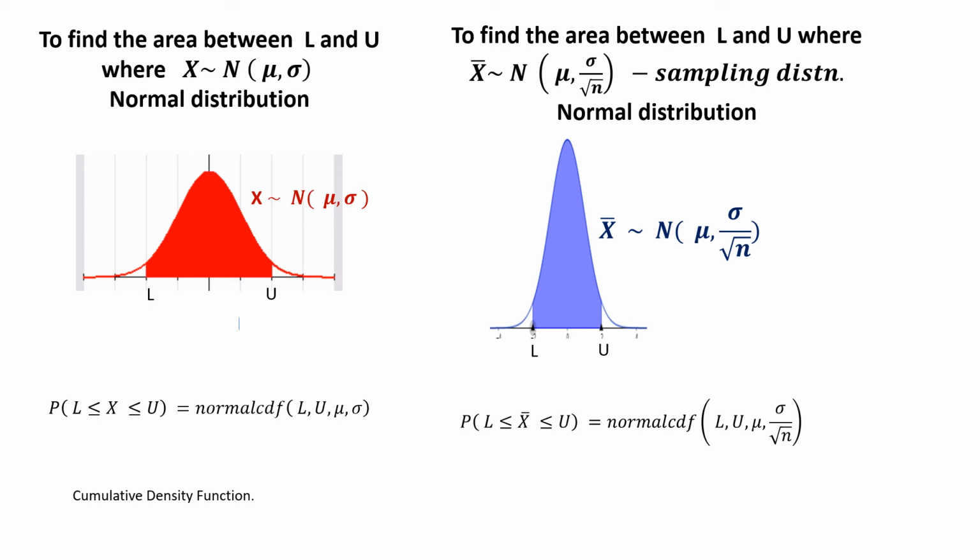So the red one, what we saw here, is the one we did in chapter 11. The blue curve, the peak curve, is for the sampling distribution, what we have in chapter 13.